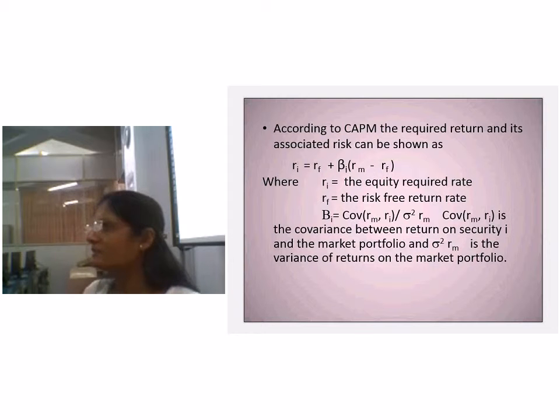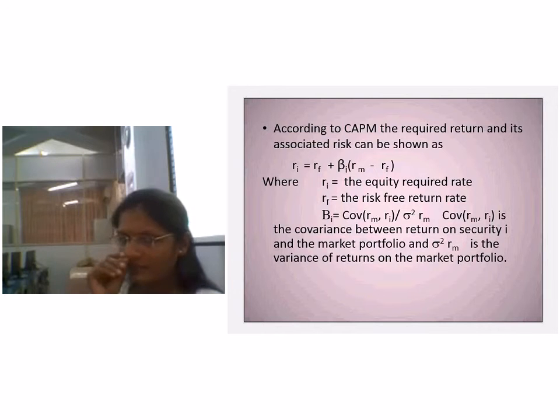Normally, how do firms calculate the beta? That is the systematic risk, right? Or non-diversifiable risk, right? How do we calculate the beta?